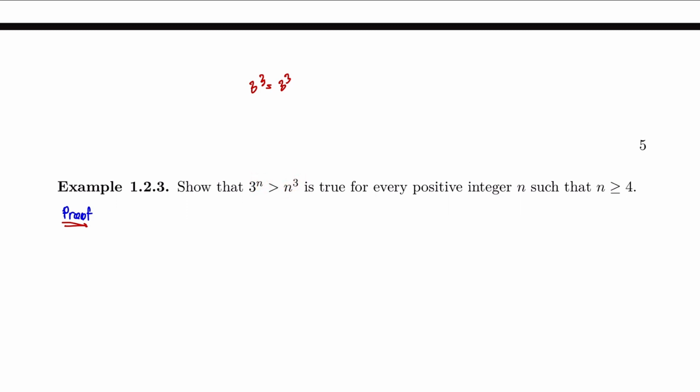When n is 2, you're going to have 3 squared greater than 2 to the 3, which is 9 greater than 8. That's interesting. When n is 1, we're going to have 3 to the 1 greater than 1 cubed.